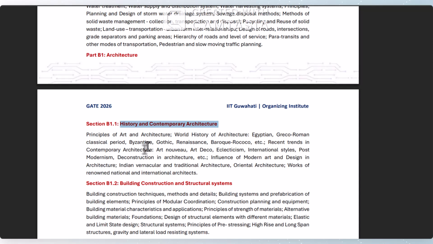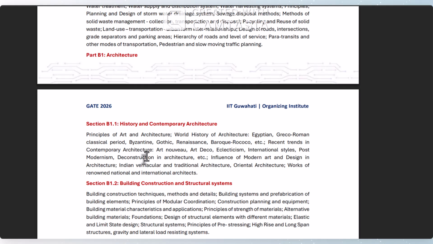So, what is included in the history of architecture? The syllabus begins with the principles of art and architecture, followed by the evolution of styles across civilizations. That is world history of architecture: Egyptian, Greco-Roman, Byzantine, Gothic, Renaissance, Baroque, etc. Then we cover Indian vernacular and traditional architecture along with Oriental architecture.